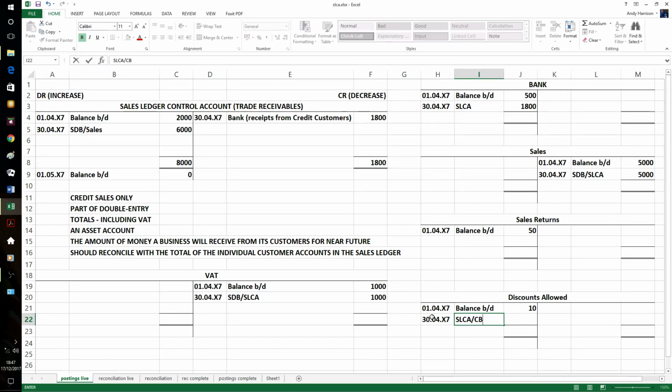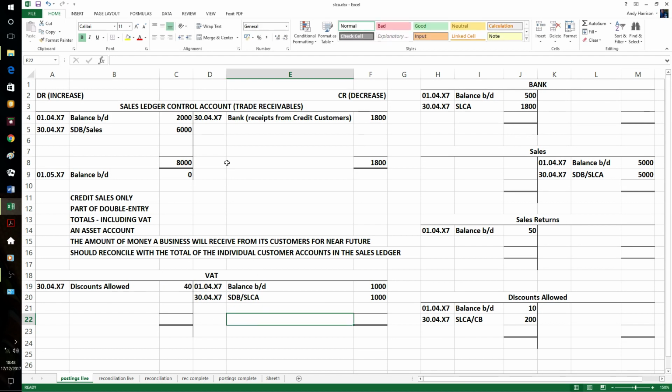So sales ledger control account is going to be the double entry. Cash book, if you've got a 3-column cash book, one of the columns is discounts. Discounts are net of VAT. So a lot of discounts there. It's on the debit side. The VAT belongs to it. £200 plus VAT, that's £40 VAT.